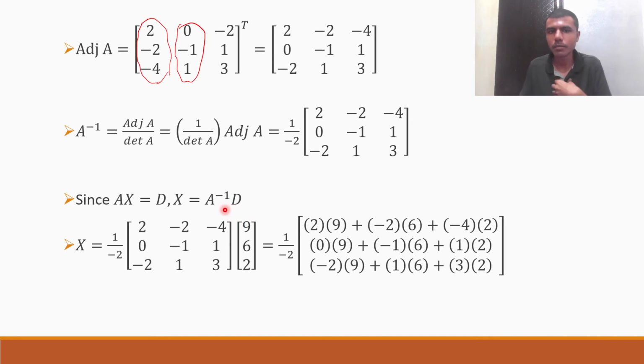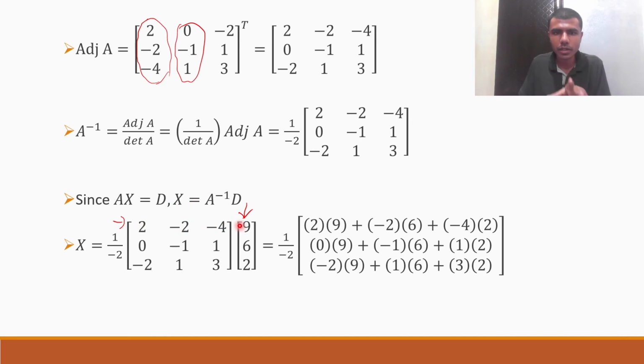Now listen, guys, how I am multiplying. A inverse is this, 1 by minus 2 into this matrix. D is 9, 6, 2. In the beginning I showed, you can refer to the first slide. So fine, 1 by minus 2. Now we have to multiply these two matrices, first matrix and second matrix. Now how to multiply? See, first row into this.